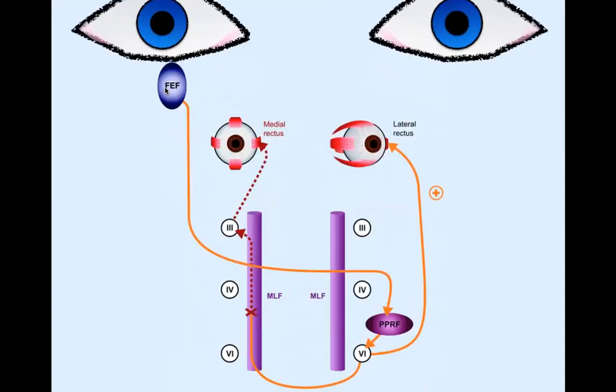So what is this pathway? It actually is a pathway that allows coordination between the nucleus of cranial nerve number 6 and the nucleus of cranial nerve number 3. So say, for example, you want the patient to look towards the left side.